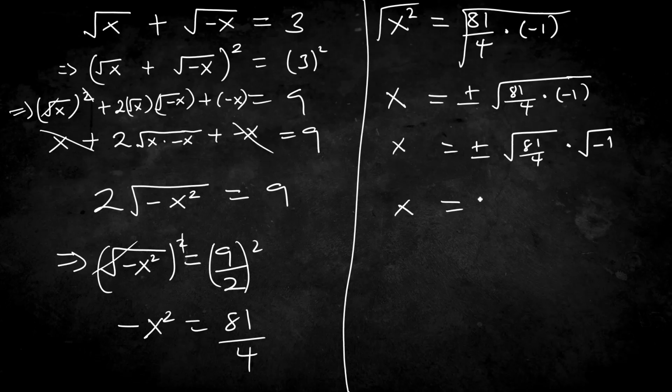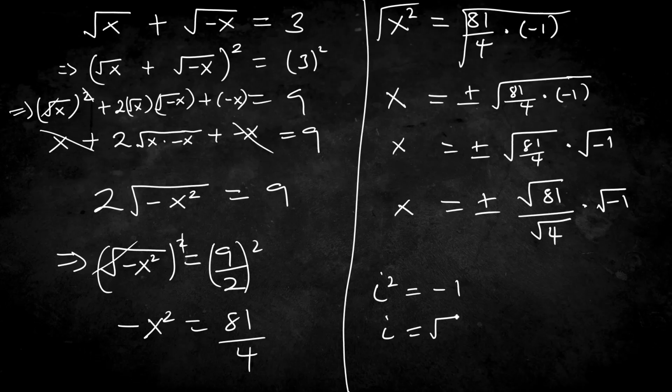Remember, this one is the same as square root of 81 on square root of 4 times square root of -1. Now, i squared is the same as -1, so i is the same as square root of -1. That is from complex numbers. So this side is i.